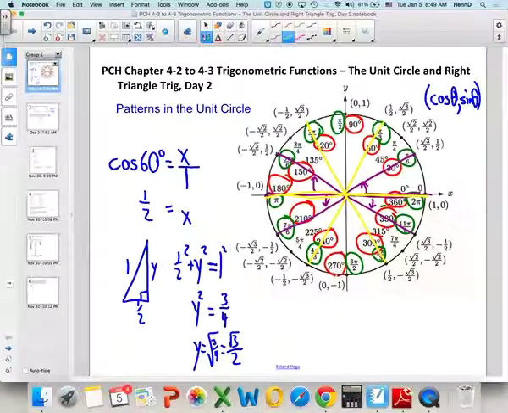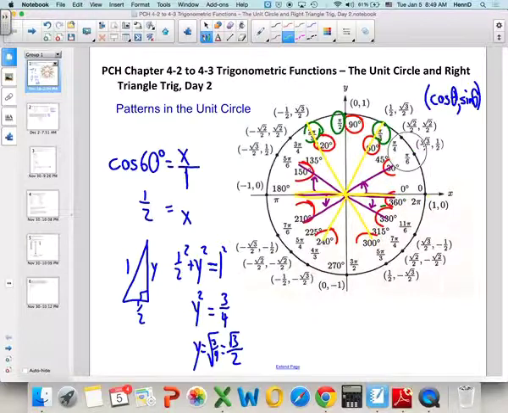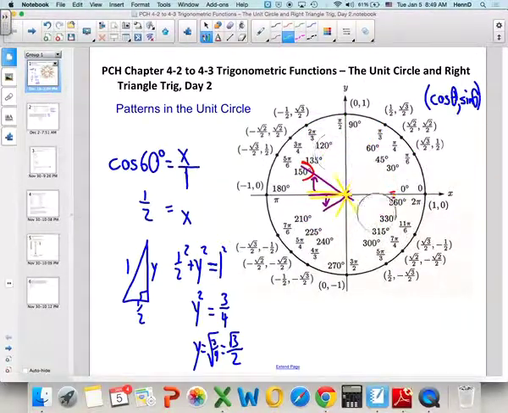Okay, I want to look now at the coordinates of the points. You guys picked up pretty fast on the fact that these triangles are all going to be 30-60-90s or 45-45-90s.